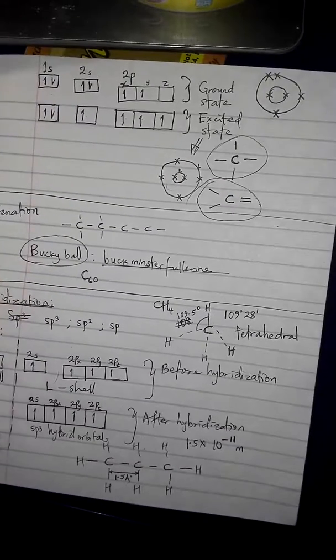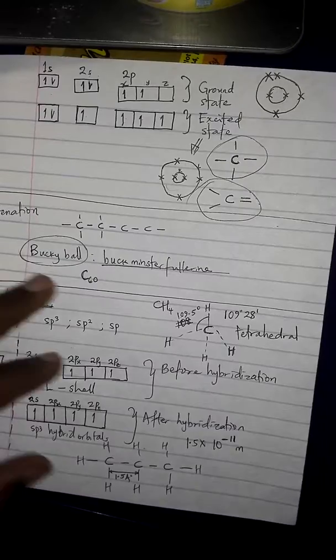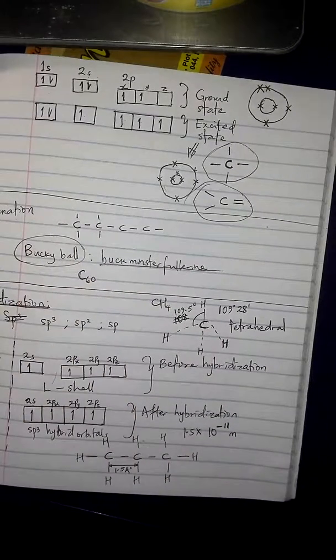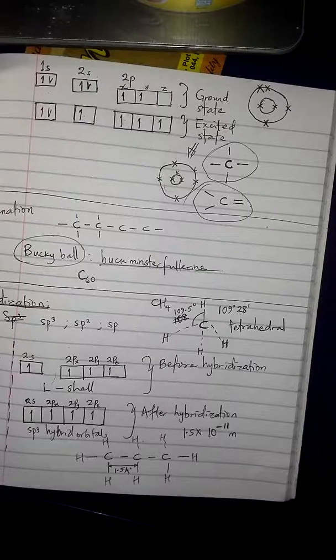Then lastly, we just talked about the properties of an sp3 hybridized carbon compound. It is found in alkanes. Classification of organic compounds: we get to see that as we proceed in this topic.